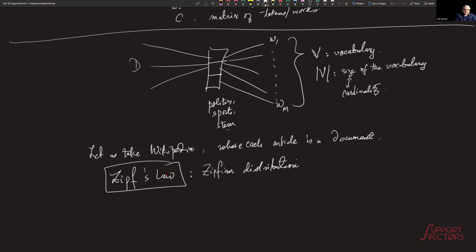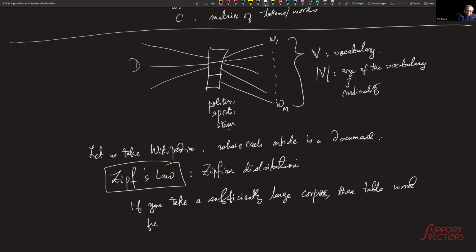So it says that if you take a sufficiently large corpus, then tabulate word frequencies, every word will have a certain frequency, isn't it?